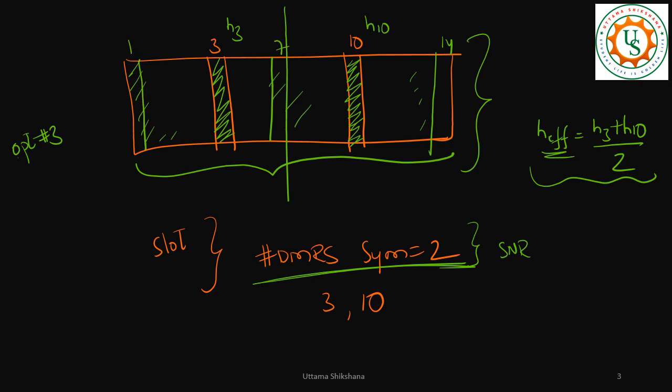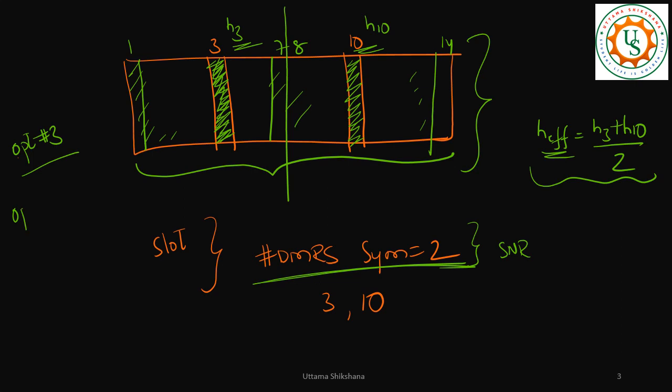Now for symbols 1 to 7 we can use the third symbol for forming a channel estimation, and we can use this channel estimate across all the symbols to decode the data, right? Similarly, for symbols 8 to 14, we can use the channel estimates from the 10th symbol, and we can decode the data. That is another option, right?